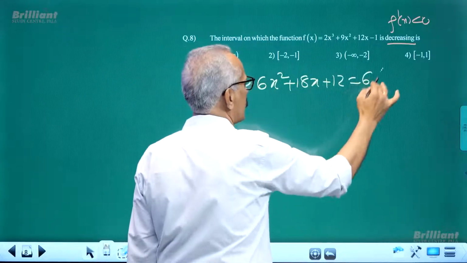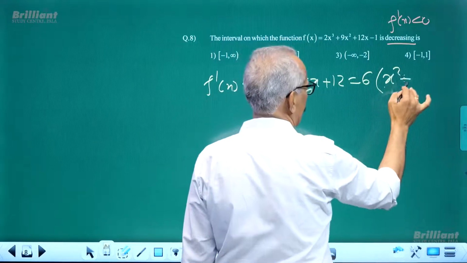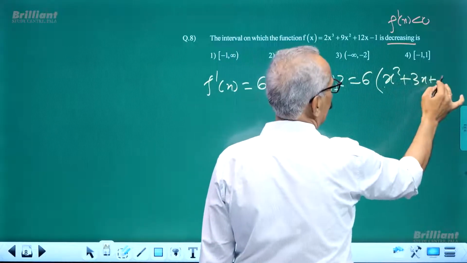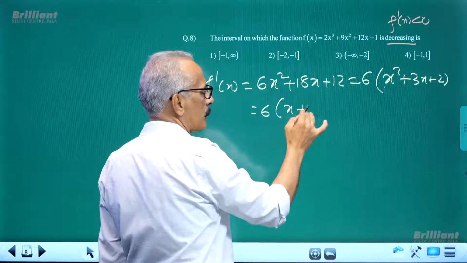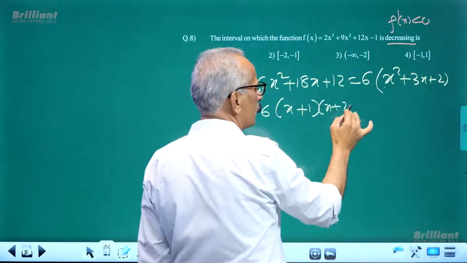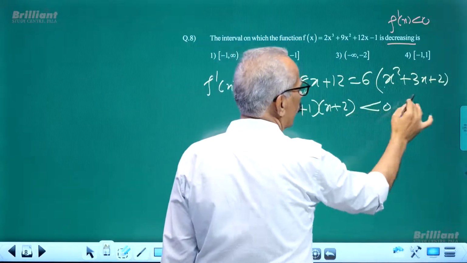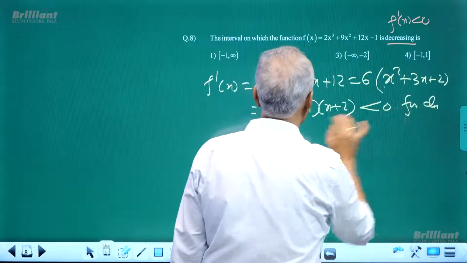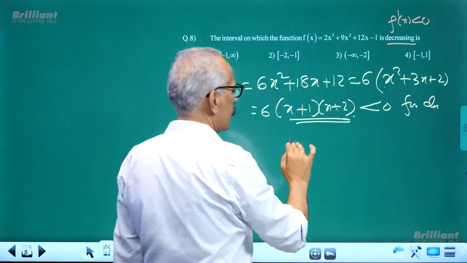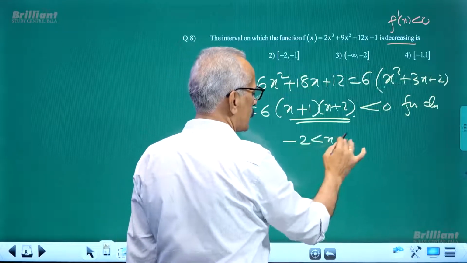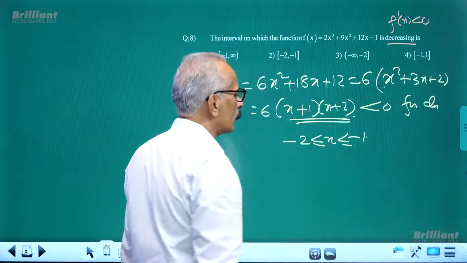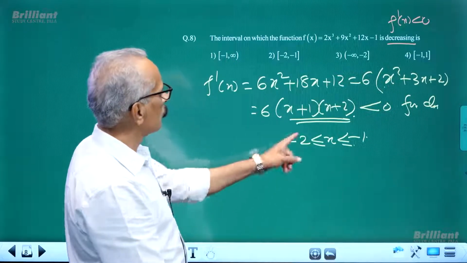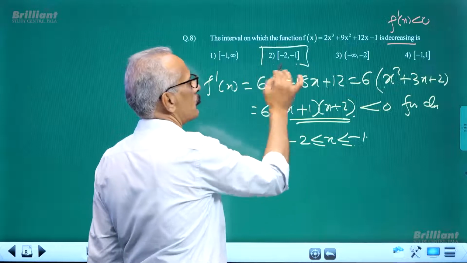You can take 6 out: x square plus 3x plus 2, that is 6 into (x plus 1) into (x plus 2), less than 0 for decreasing. You know this inequation, it is minus 2 less than x less than minus 1. For decreasing, we include the point also. So x belongs to this, that is 2 is your answer.